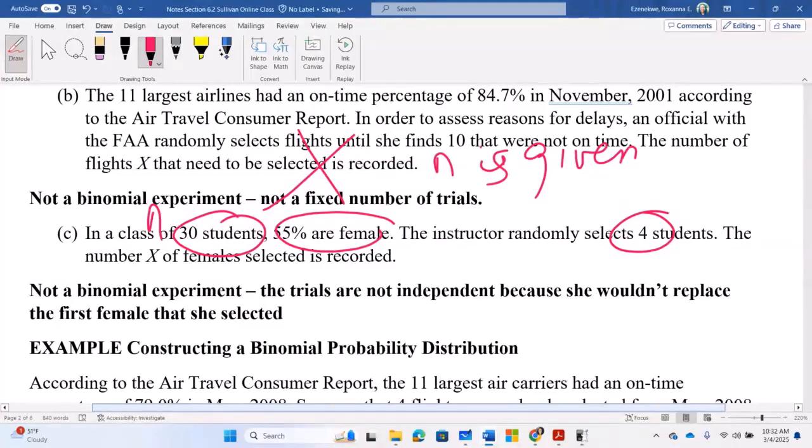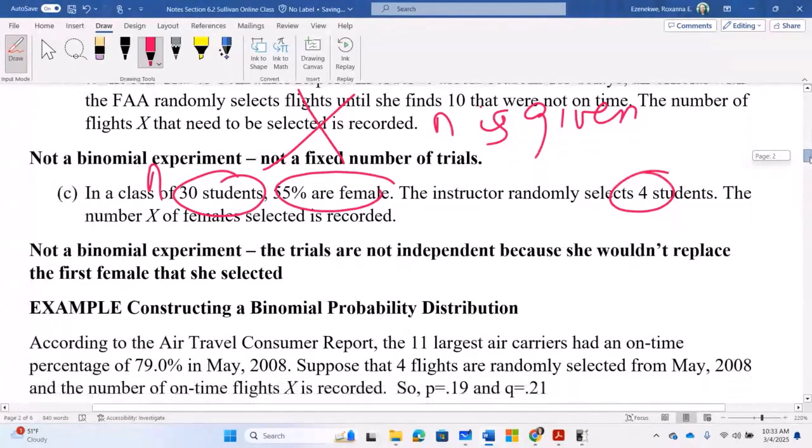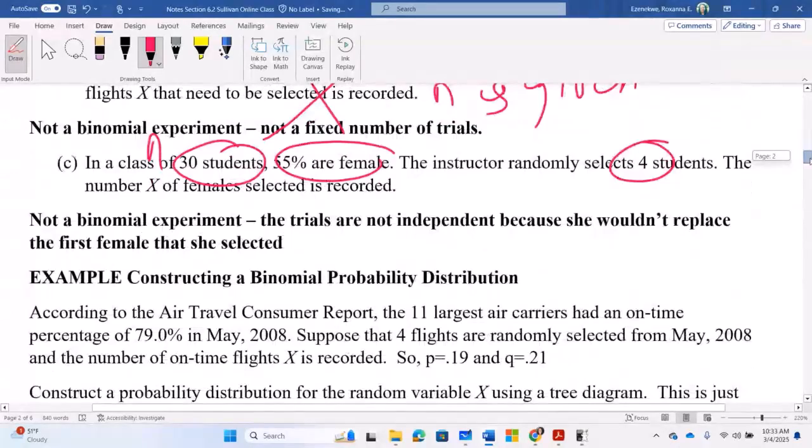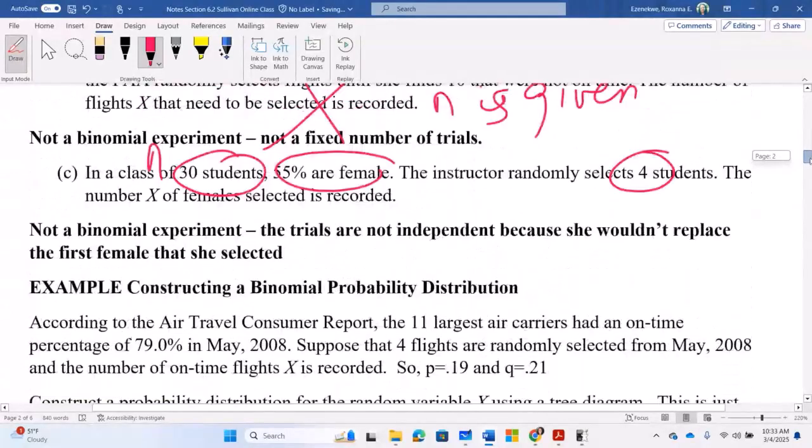The trials are not independent because she wouldn't replace the first female that she selected. So the reason why they said it's not a binomial distribution is that the number X of females selected is recorded without replacement.